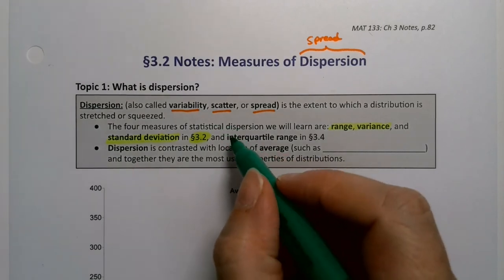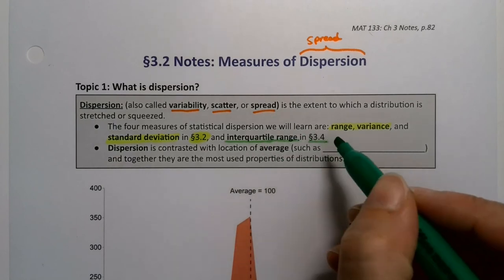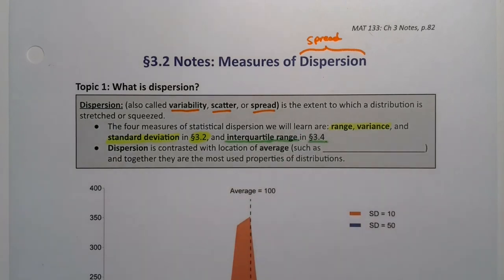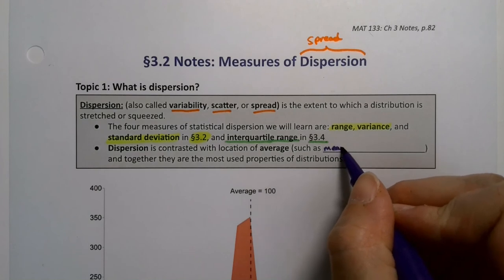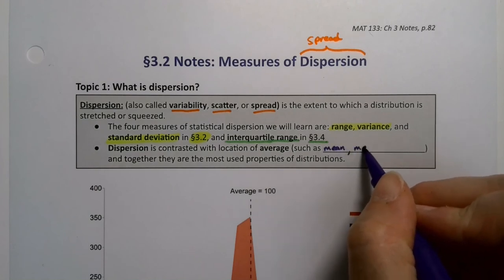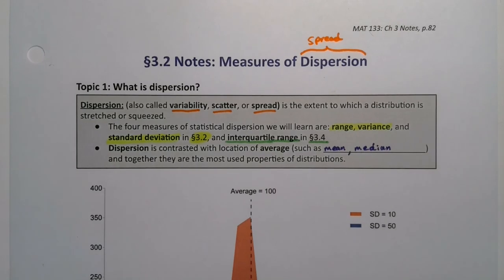Now, usually, dispersion is not the kind of thing that we do on its own generally. We're usually using it to contrast it with the location of the average, the center, right? And location of center is measured with mean or median. I could say mode, but we don't use mode for this particular application.